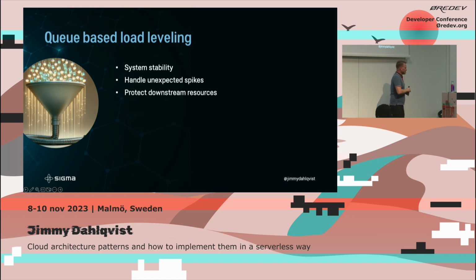Queue-based load leveling, very good way to handle spikes. In the very beginning, I told you that the first system I designed used the storage first pattern with API gateway and SQS. What we had at Sony was actually a system where when you started your mobile phone, it sent a message to our system saying, hey, I'm alive.